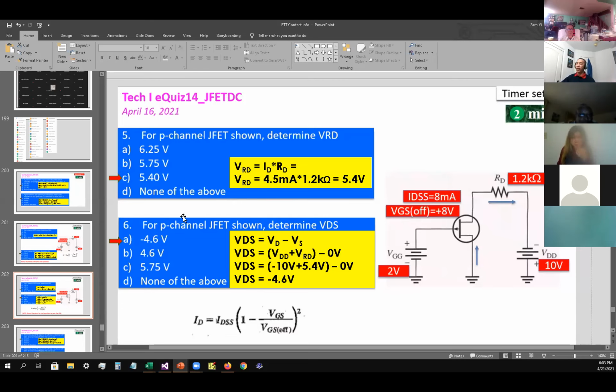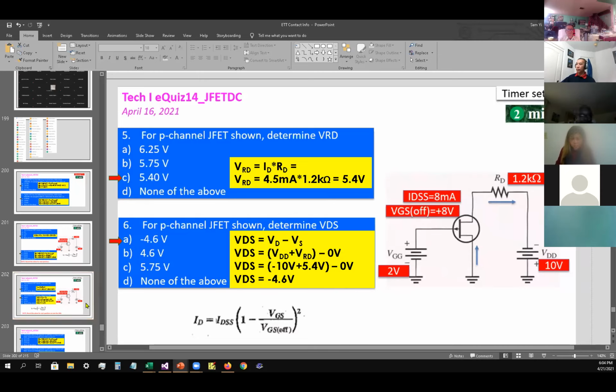So the answer is C. For number 6, determine VDS. VDS equals VD minus VS, so VD is -10 volts plus the VRD of 5.4 volts, minus 0 volts, and you end up with -4.6 volts. So the answer is A for number 6.